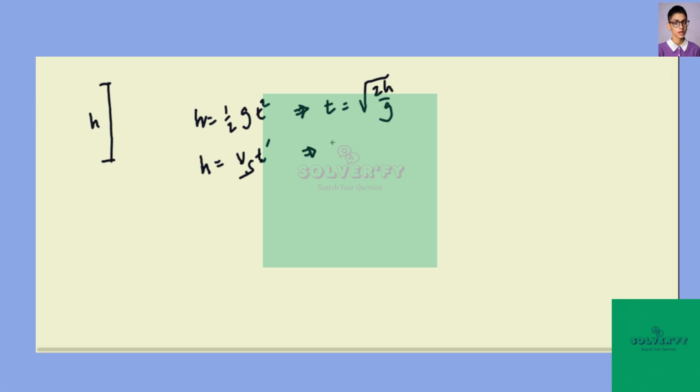So we have t prime equals h over v sound. So we have got t plus t prime is given by 2.4 seconds.